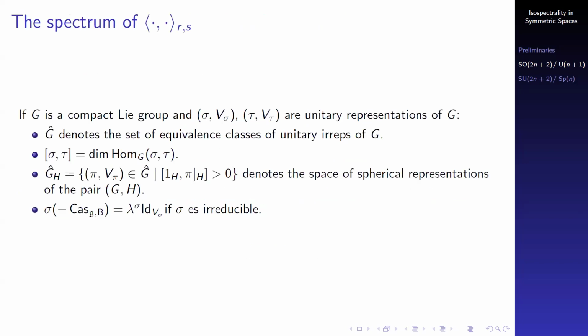Some notations. If G is a compact group and we have two unitary representations of G, G hat denotes the set of equivalence classes of unitary irreducible representations of G. We are going to denote by this the dimension of the space of G-equivariant morphisms from sigma to tau.